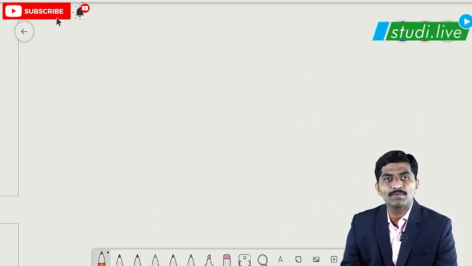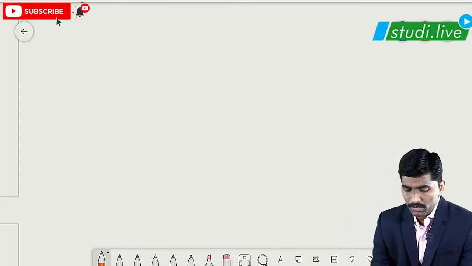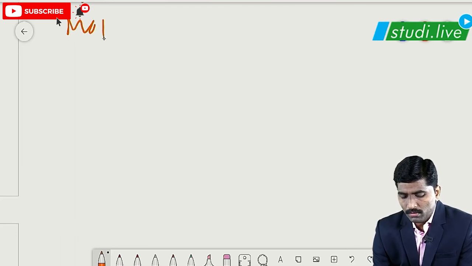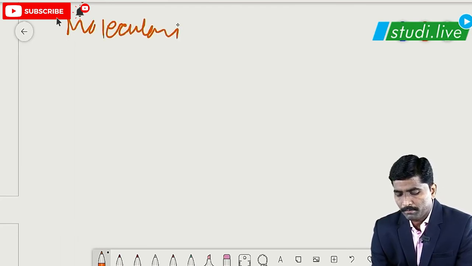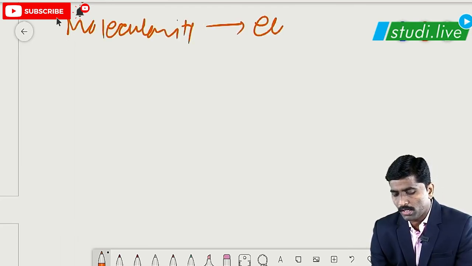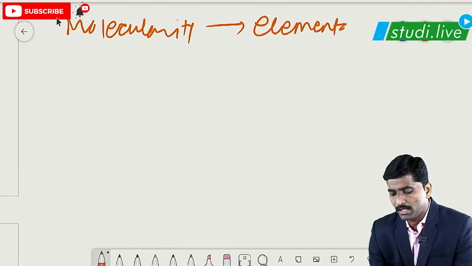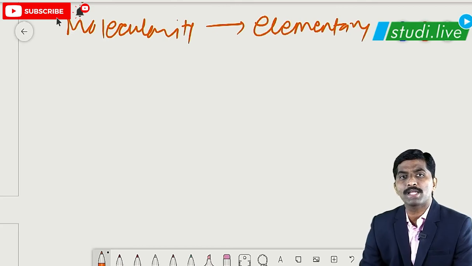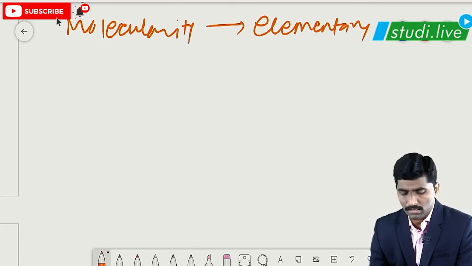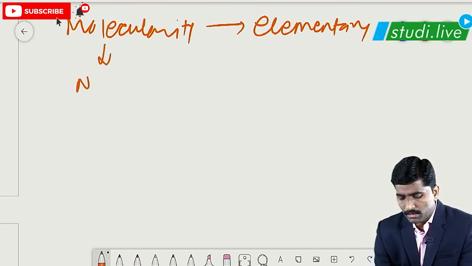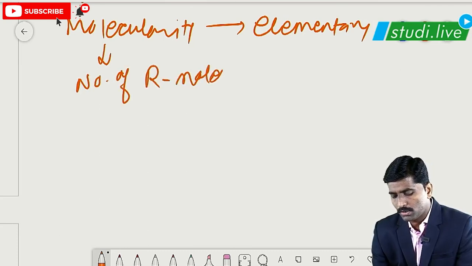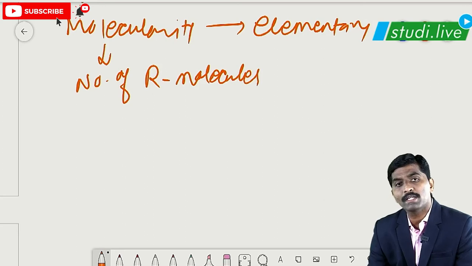Our last topic of discussion is going to be order and molecularity. Usually, molecularity is given for an elementary reaction. And what is elementary? Elementary is the simplest reaction which cannot be simplified further. And molecularity is the number of reactant molecules taking part in an elementary reaction.